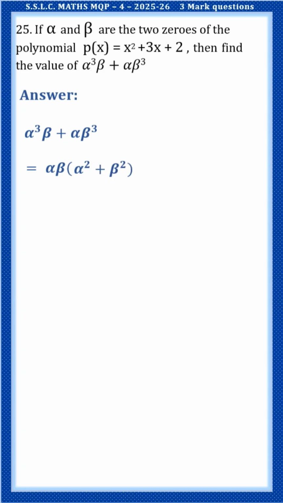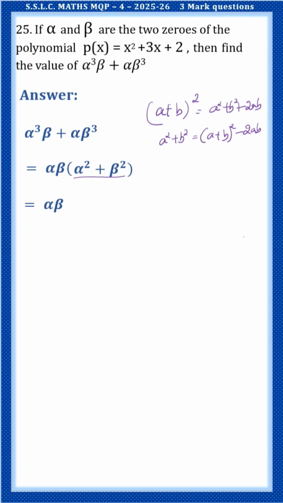Now let us find the value of alpha square plus beta square by using the identity a plus b the whole square is equal to a square plus b square plus 2ab. So a square plus b square is equal to a plus b the whole square minus 2ab. So now what happens?